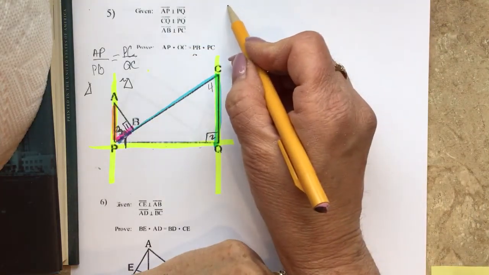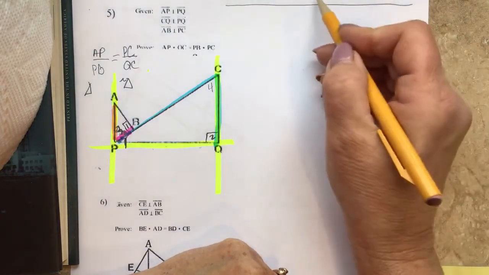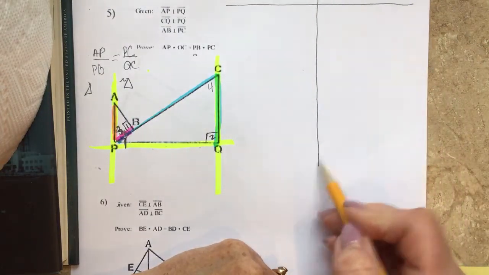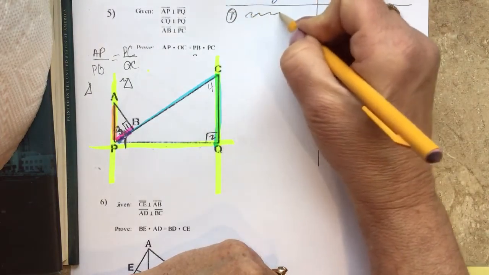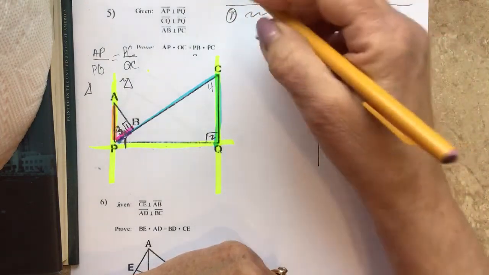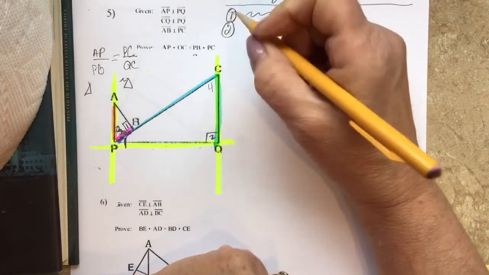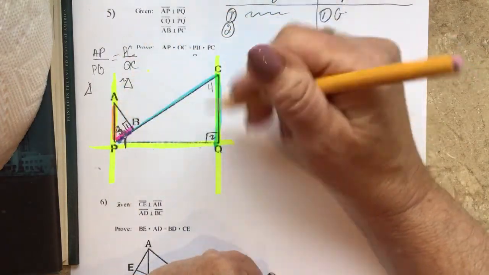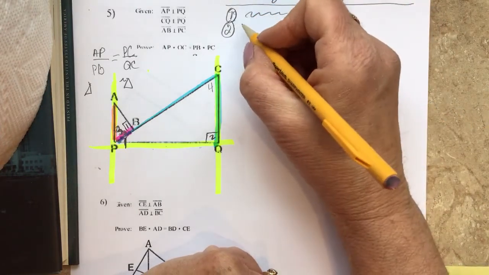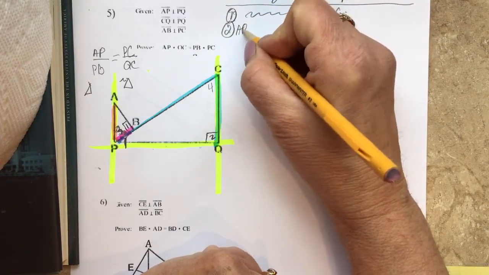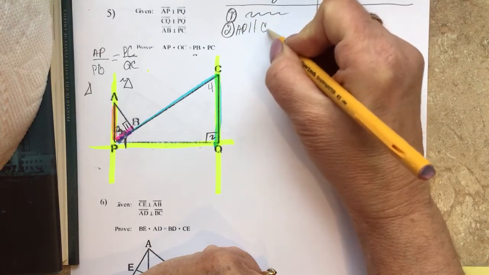All right. Things were going to go way more smoothly than that. So statement reason, number 1, given. Number 2, I'm going to start right off with these 2 being parallel to each other. AP parallel CQ.